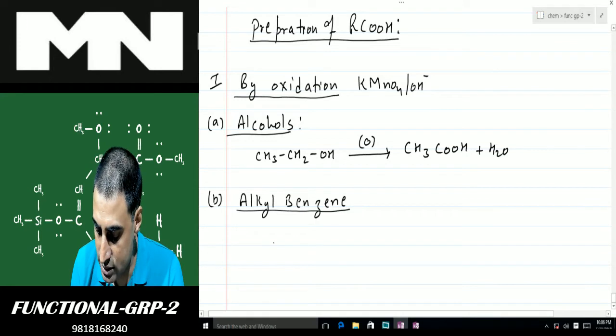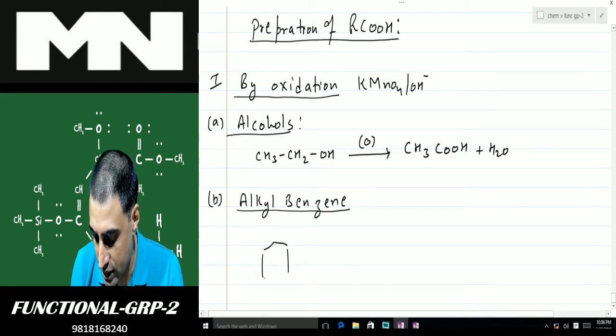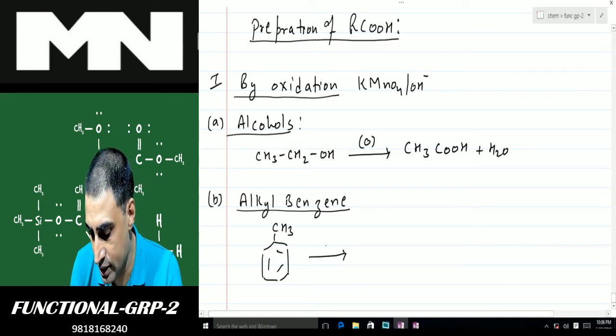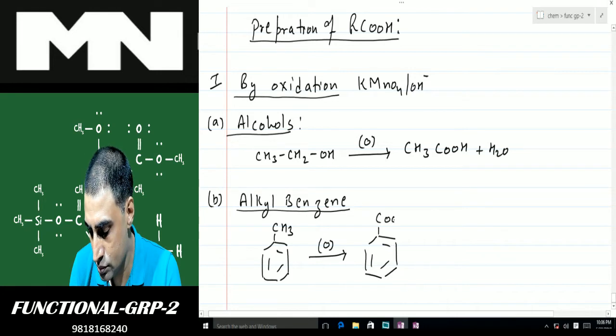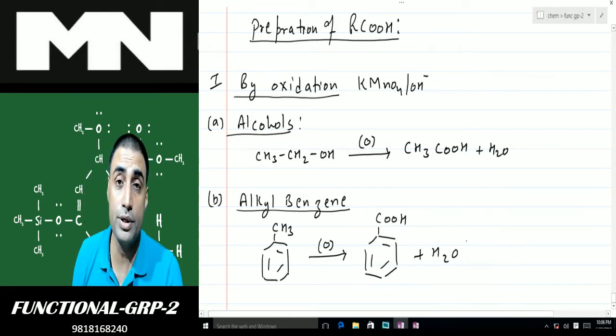Now in this case, suppose I have toluene. I am carrying out oxidation of toluene. I will end up with benzoic acid. My dear students, you have to remember one thing.